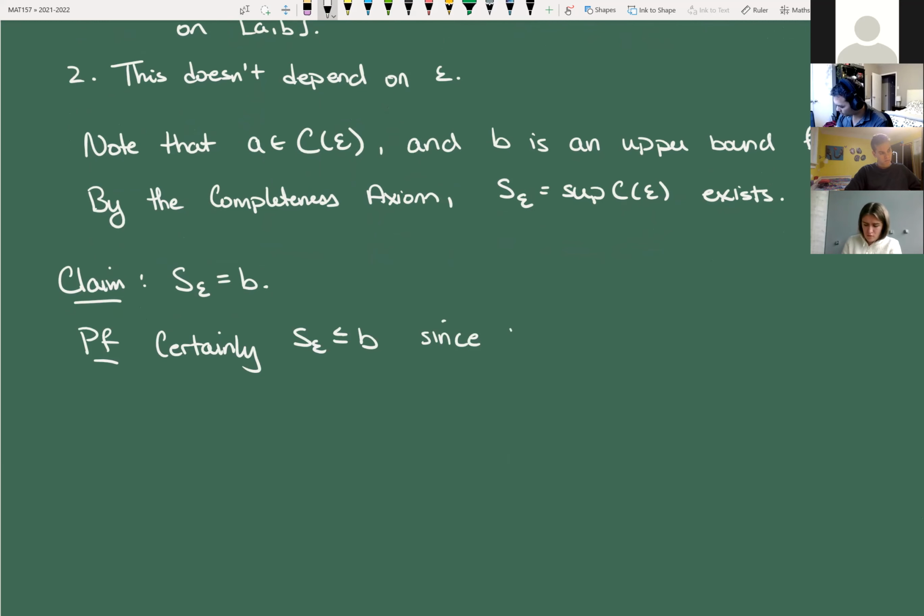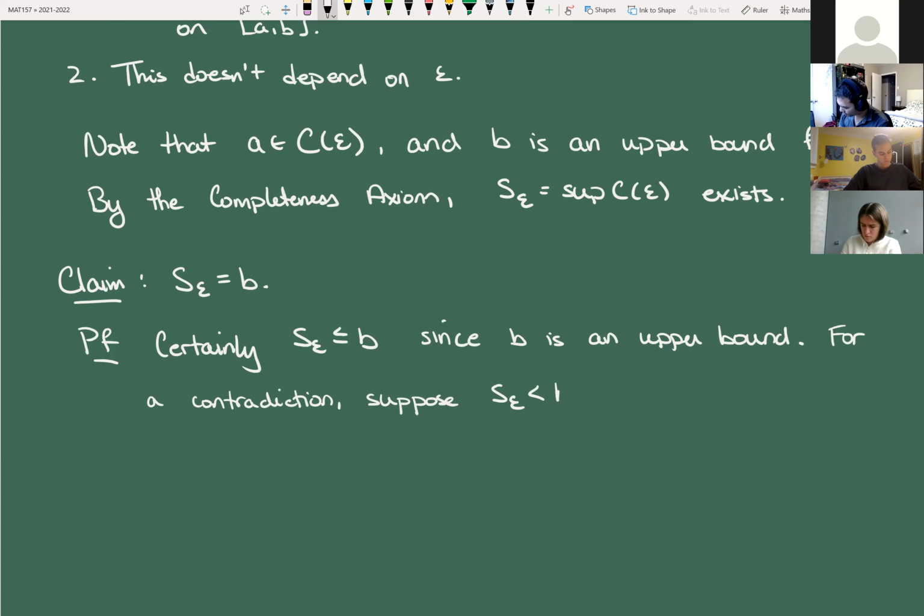So since B is an upper bound, let's assume that it's strictly less than for the sake of a contradiction. So for a contradiction, suppose it's strict.